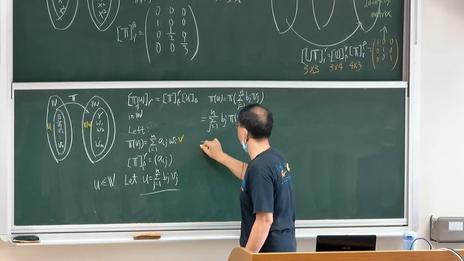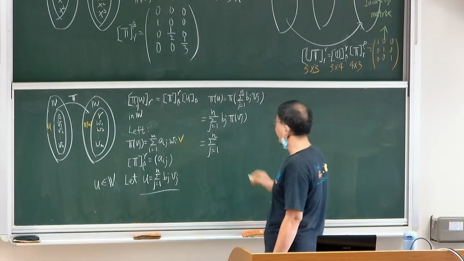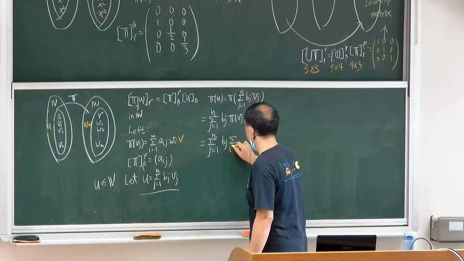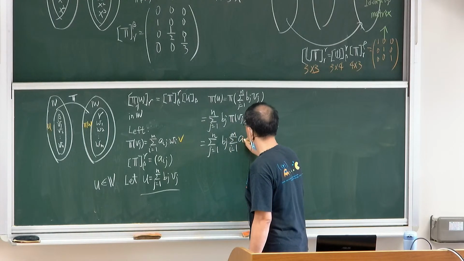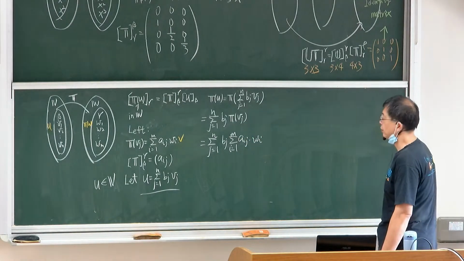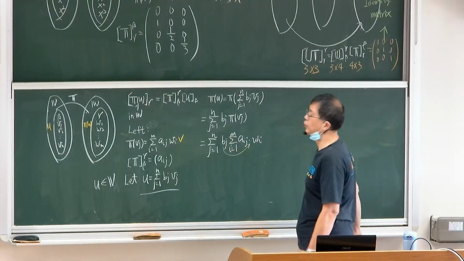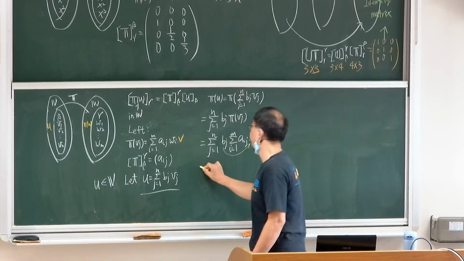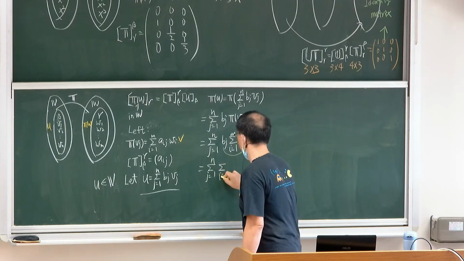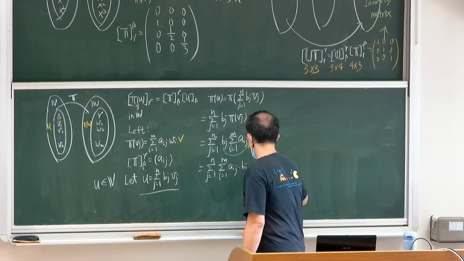So I can have the summation j equals 1 to n of Bj times the summation i equals 1 to m of Aij times Wi. In the same way, we can take Bj into the inner sum. Then I have the summation j equals 1 to n, summation i equals 1 to m of Aij times Bj times Wi.